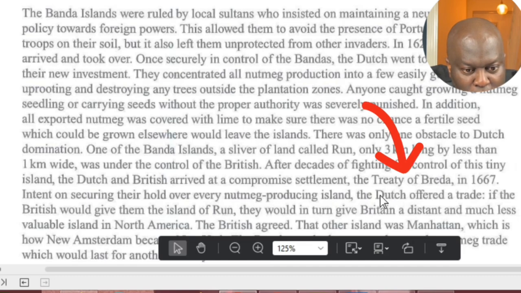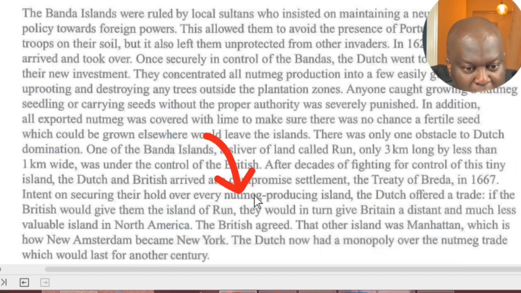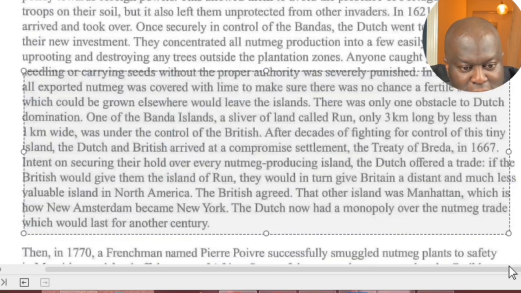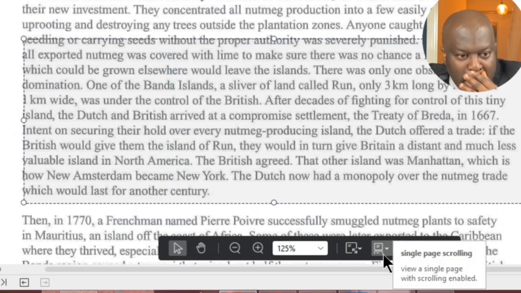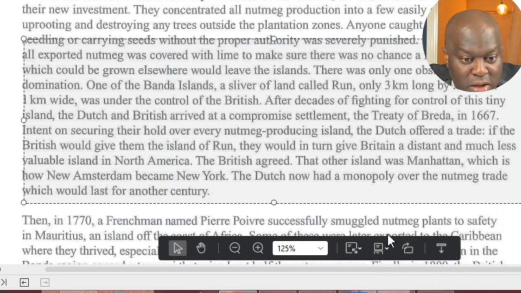I've seen Dutch here, and I've seen nutmeg. So what I would do is better to read more than to read less when you see where your answer is. What I will do now is underline and highlight this part.